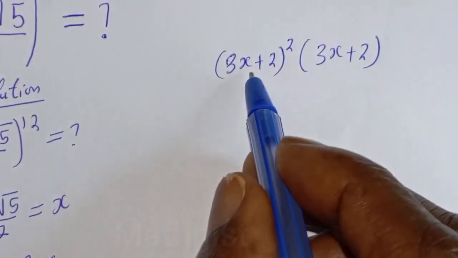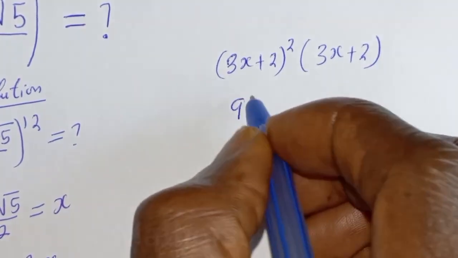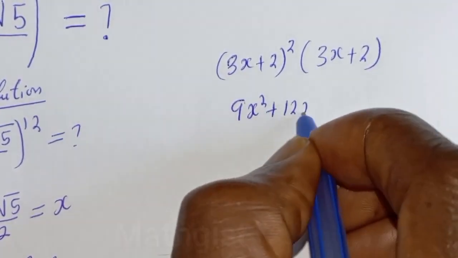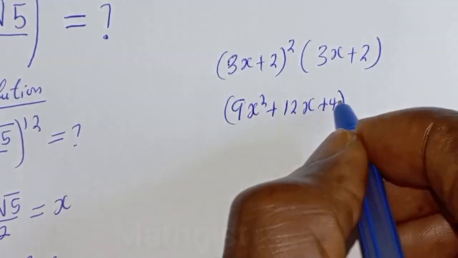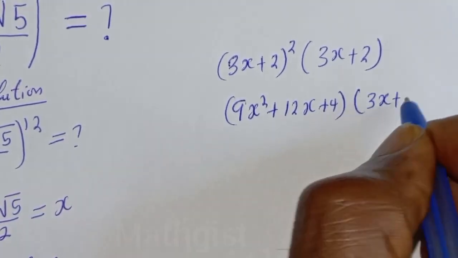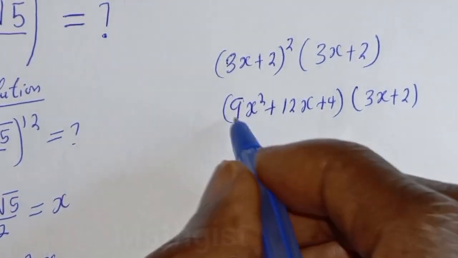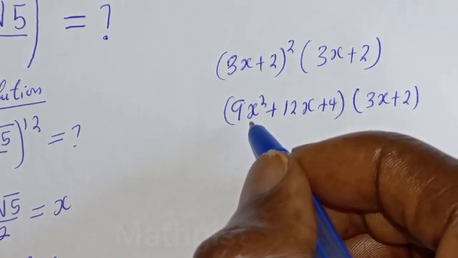Then (3x + 2)² can be written as 9x² + 12x + 4 multiplied by 3x + 2. Now let's see. x² is x + 1.